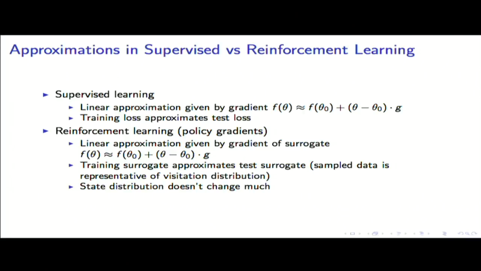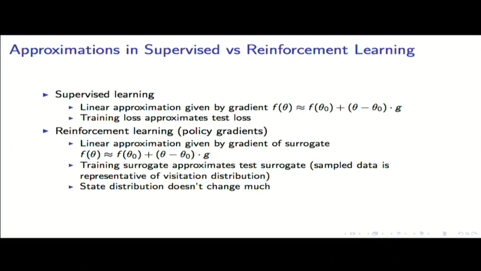Let's say your function is like this, and you compute the gradient here and then do a big update. If you take an update using the gradient, assuming that this linearization is correct, then you're not going to be happy.